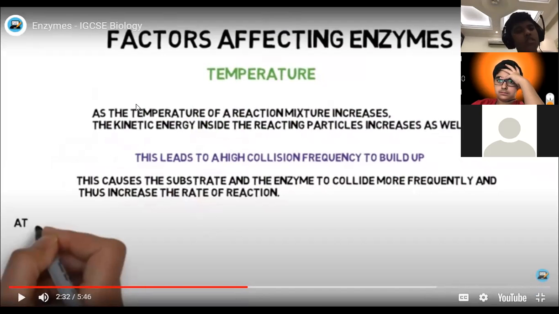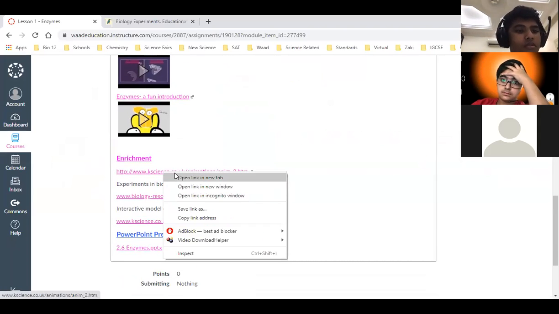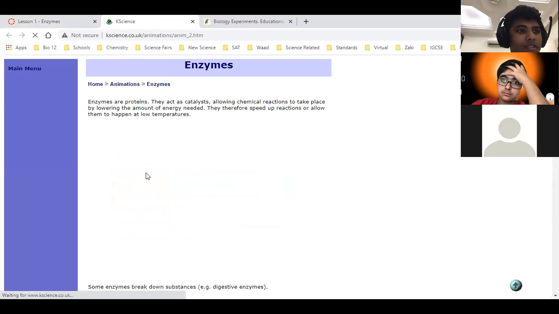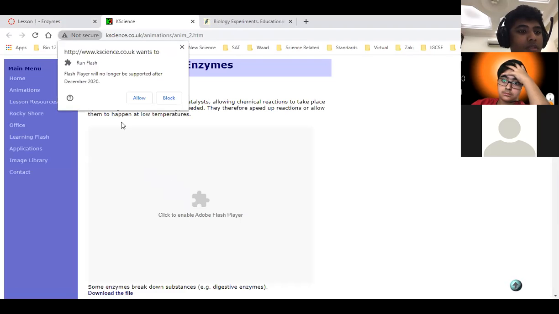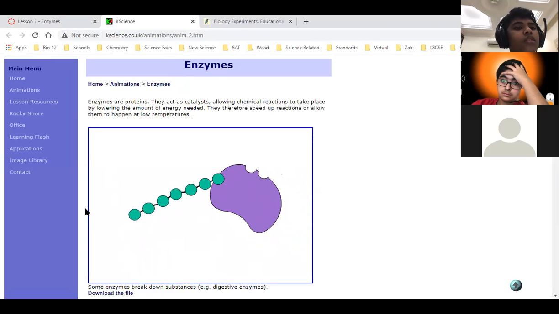Okay, for this whole subject we have an activity. We have an activity on the Canvas, and it is, I believe, this one. Let's try to open it up, and we need to enable it. Yes, this is where it shows you the movement.